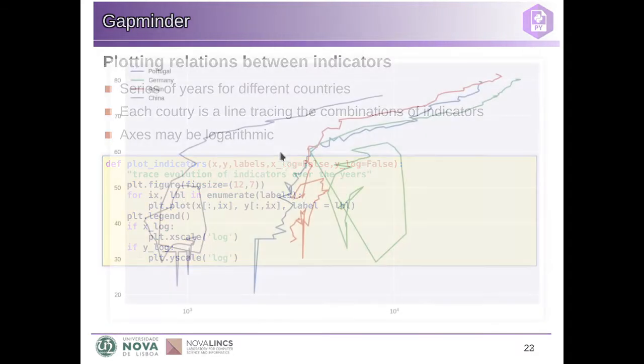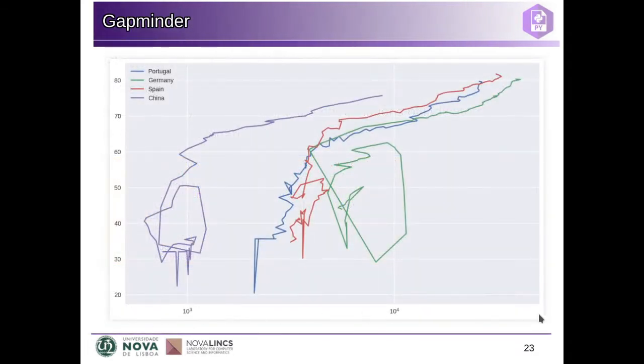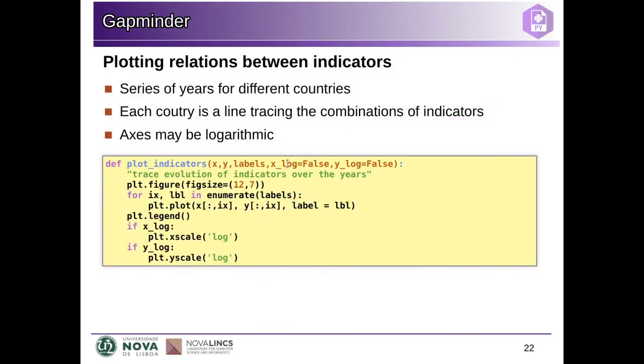Another thing that we need is sometimes it's useful to plot some axes in the logarithmic scale. For example, comparing GDP without logarithms will be a bit strange. So we can add these optional arguments here, or these parameters with default values, which is use a logarithm for the x scale or for the y scale.